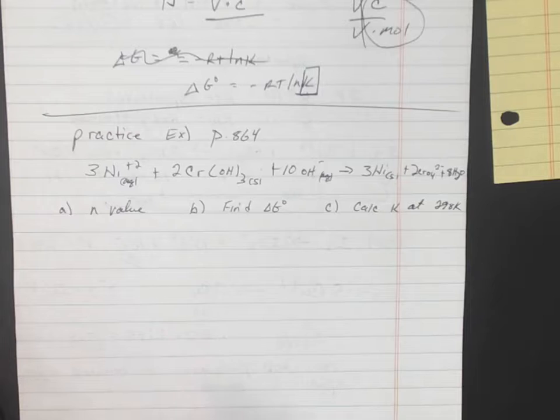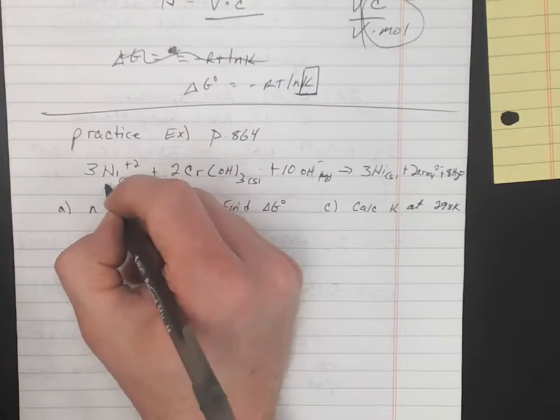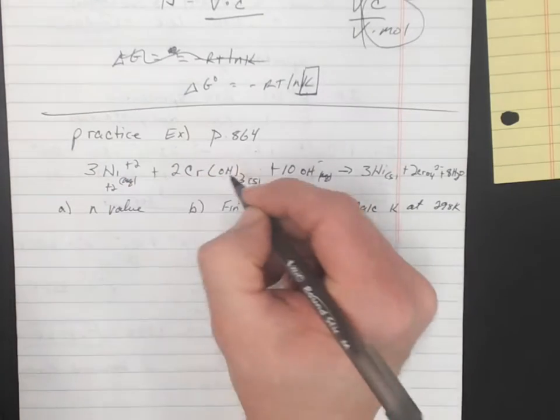First thing we need to do here is write our two half reactions. Nickel is plus 2.